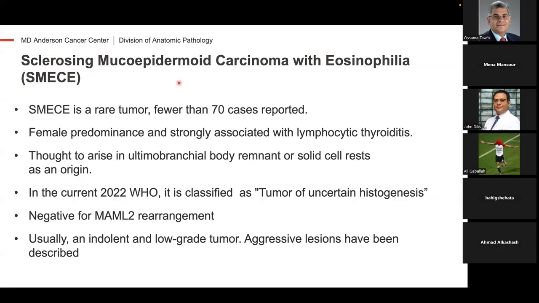It's negative for mammaglobin 2. So if you want to know if it's a metastasis or invasion from surrounding tissue, it is mammaglobin 2 negative. And it's usually indolent low grade, but there are aggressive lesions.